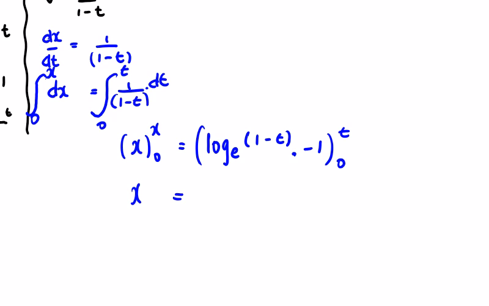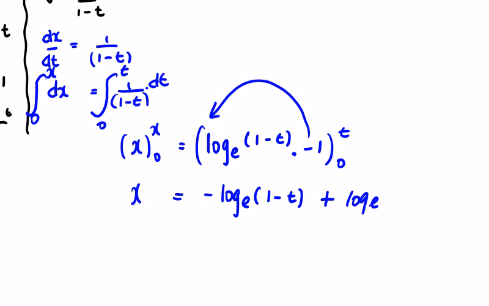So x is equal to, I'm just going to put this minus sign at the beginning, minus log to the base e of 1 minus t, putting t in. Then we're going to get minus the log to the base e of just 1. e to the power of 0 is equal to 1. So x is just going to be equal to minus log to the base e of 1 minus t.